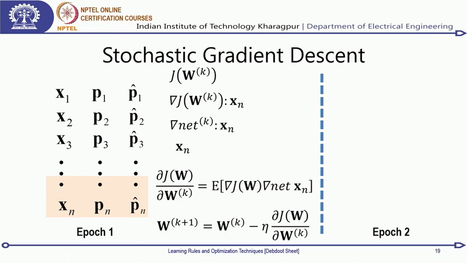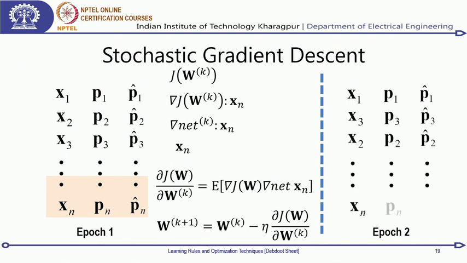Within every epoch we randomize the samples, such that in the second epoch you have a different batch formation. You take the first sample and put it down in the second, but the second sample now enters the third position, the third sample enters the second position, such that your first batch in the second epoch is made out of x1 and x3. So the first sample and the third sample, no more the first and the second sample.